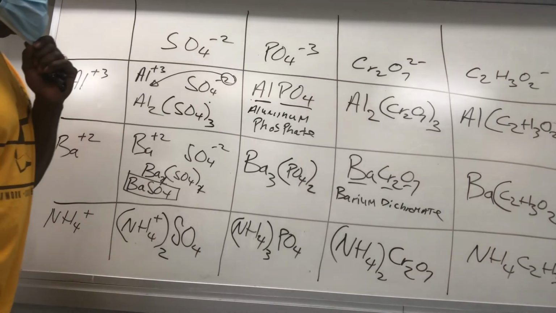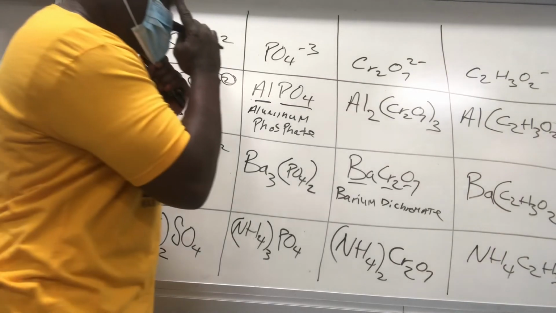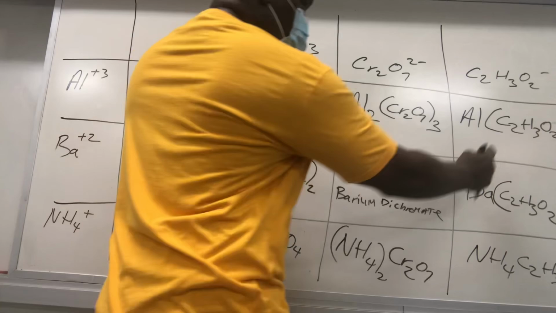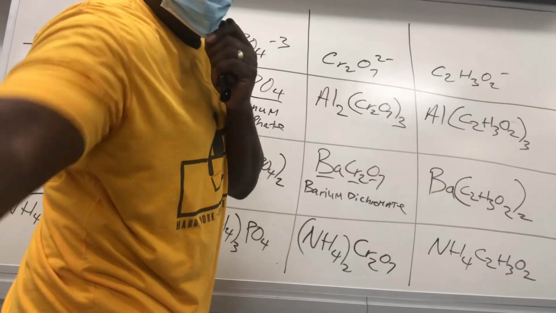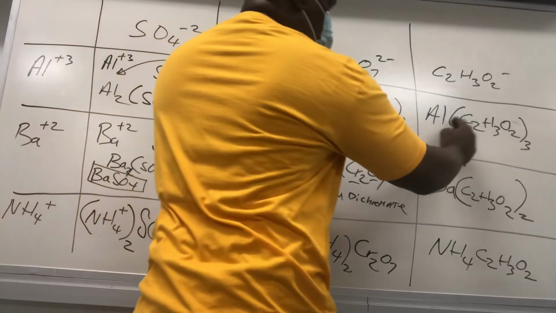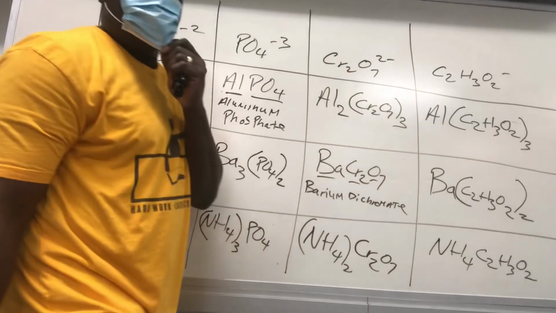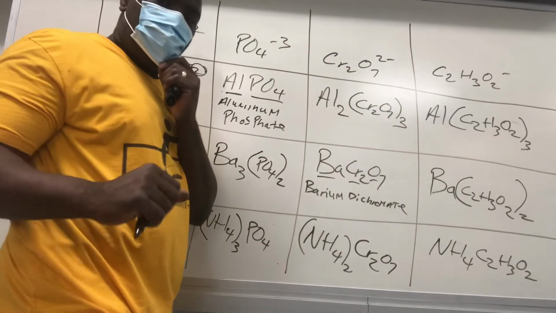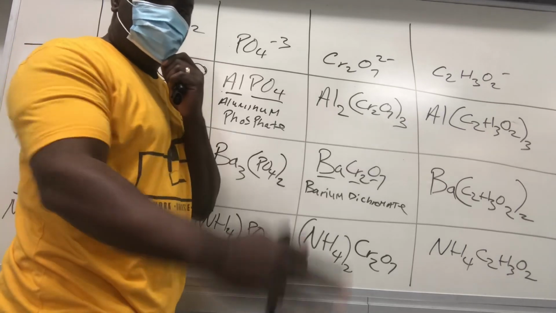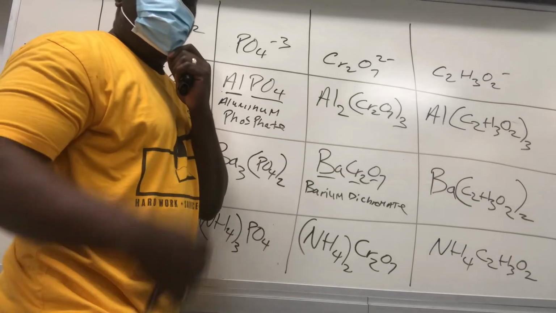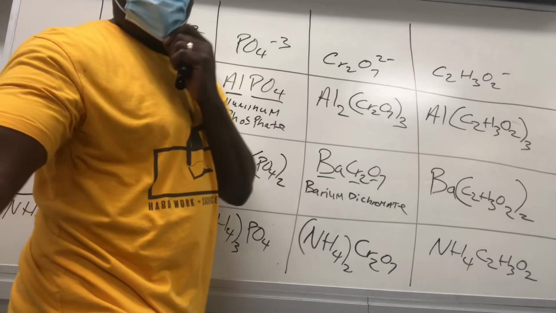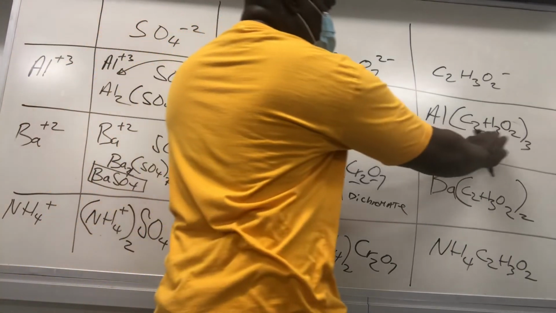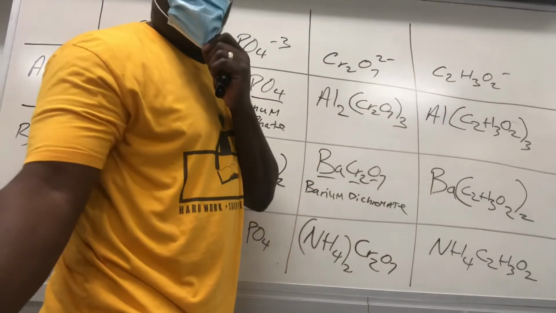Okay? Alrighty, let's do a couple more. 2 more maybe. Alrighty, so let's do this guy over here. We have aluminum, and we have this 1, 2, 3, 4 different elements in it. You don't panic. You say to yourself, there's 4 different elements. There must be a polyatomic ion in it. I'm going to look on Table E to see what the polyatomic ion is. It just so happens that the C2H3O2 part is called acetate, right?